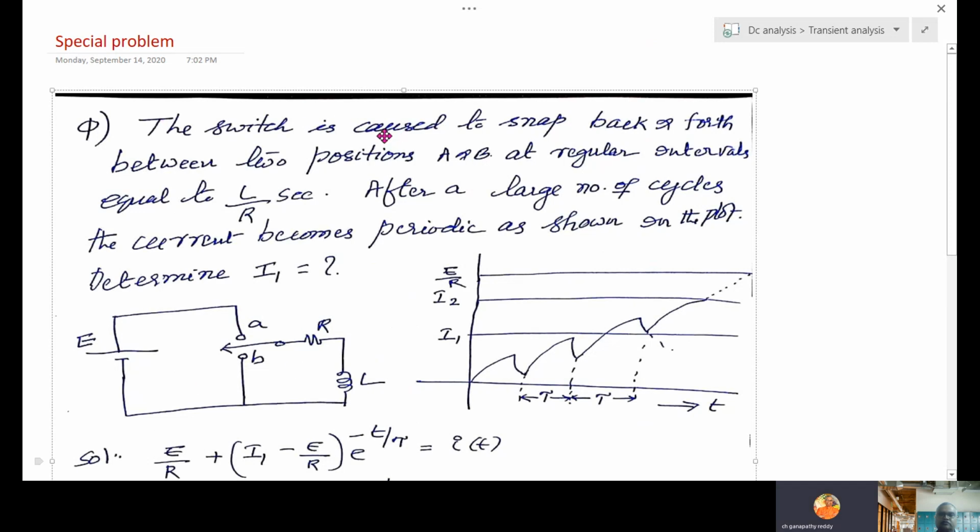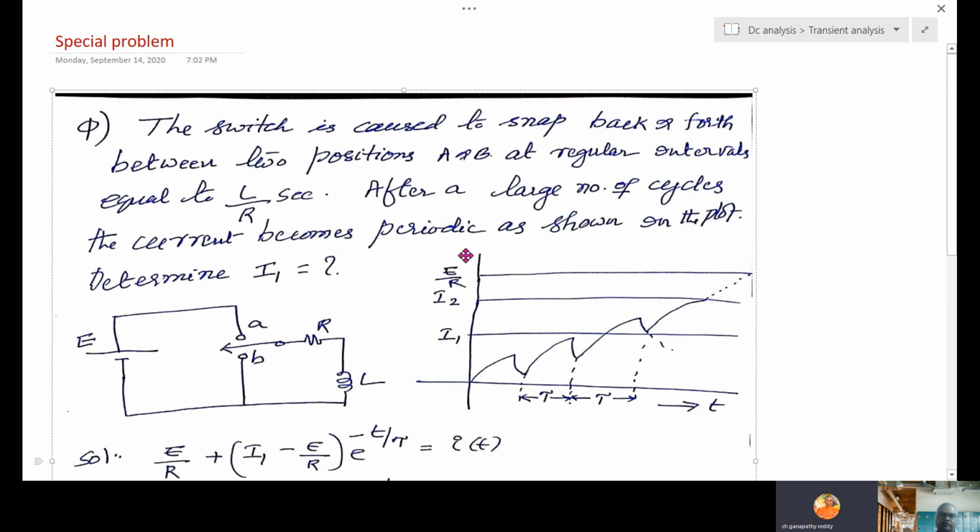The switch is caused to snap back and forth between two positions A and B at regular intervals equal to L by R seconds. So this switch is connected to A, how much duration? L by R seconds. Moved to B, how much duration is it connected to B? Again L by R seconds. So every L by R seconds it is switching between A and B.